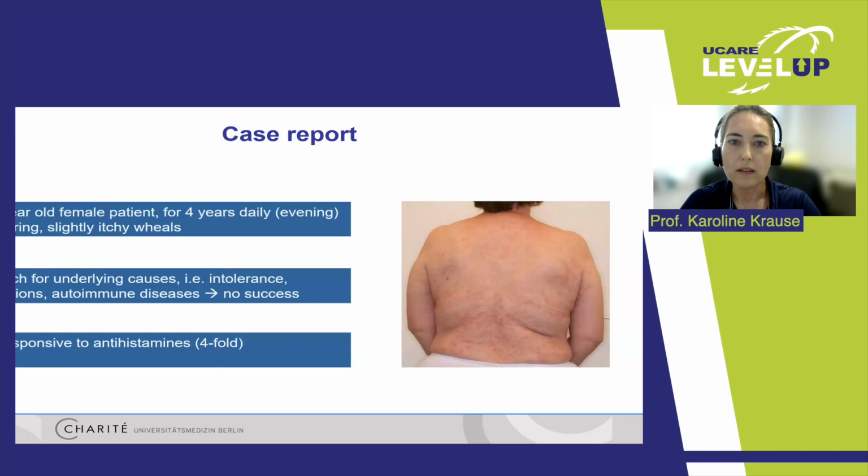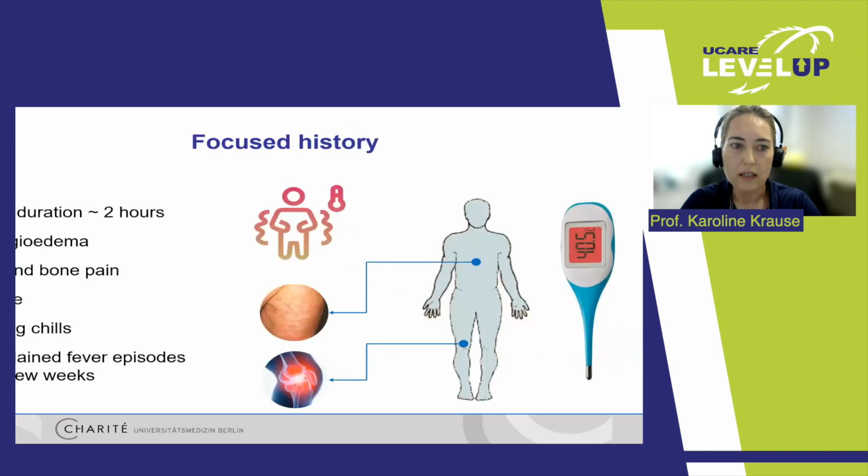So going deeper into her history, she said, well, the wheals usually took about 2 hours, sometimes also longer. Difficult to really tell for her, but mostly they were rather 2 to 3 hours. No angioedema at all. She never complained of any swollen lips or anything else. However, she was complaining about joint and severe bone pain, in particular around her knees and the clavicular region.